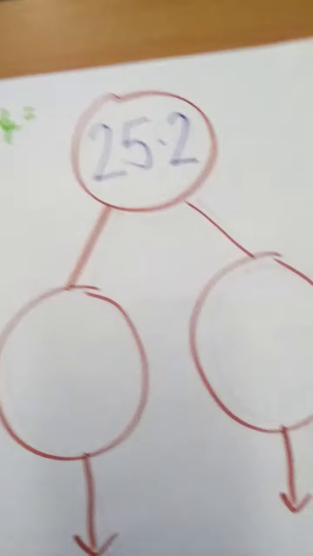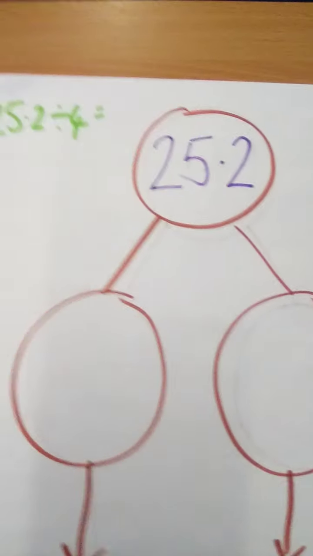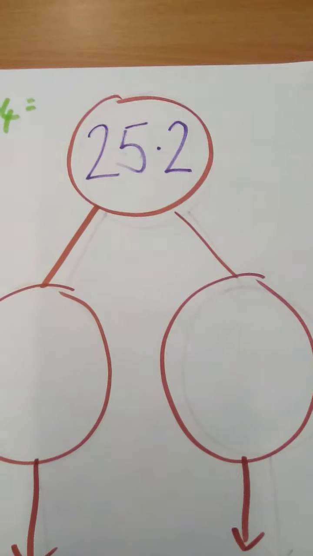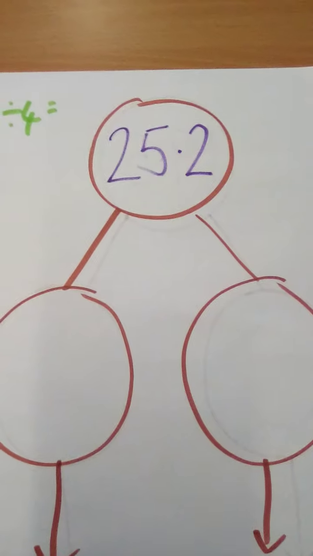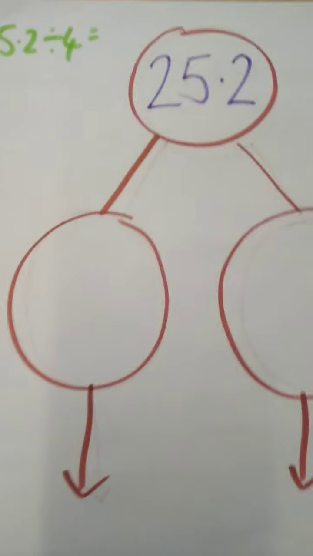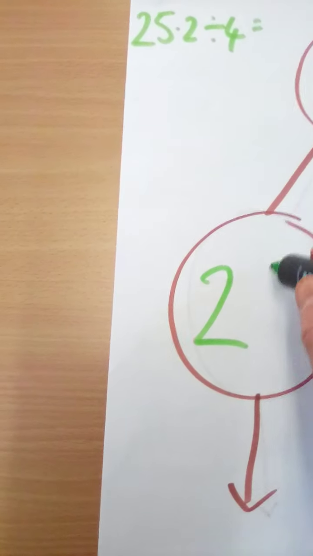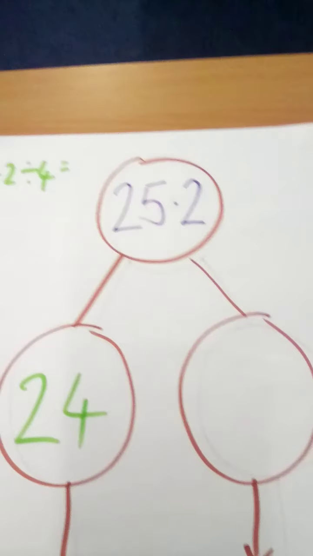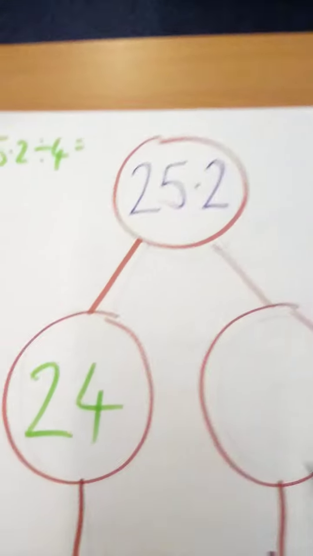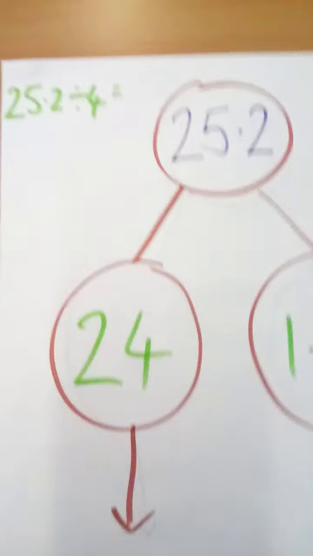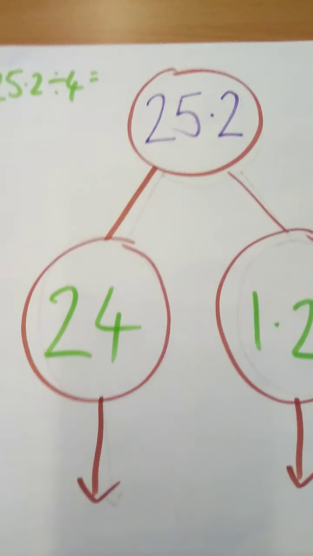And just finally, here's one of my own. 25.2 divided by 4. So I'm thinking if I can partition those into a whole number and a decimal, numbers that I can divide by 4 may be a bit easier. So I'm thinking 24 is very close to 25.2, and 1.2. We're dividing those by 4.